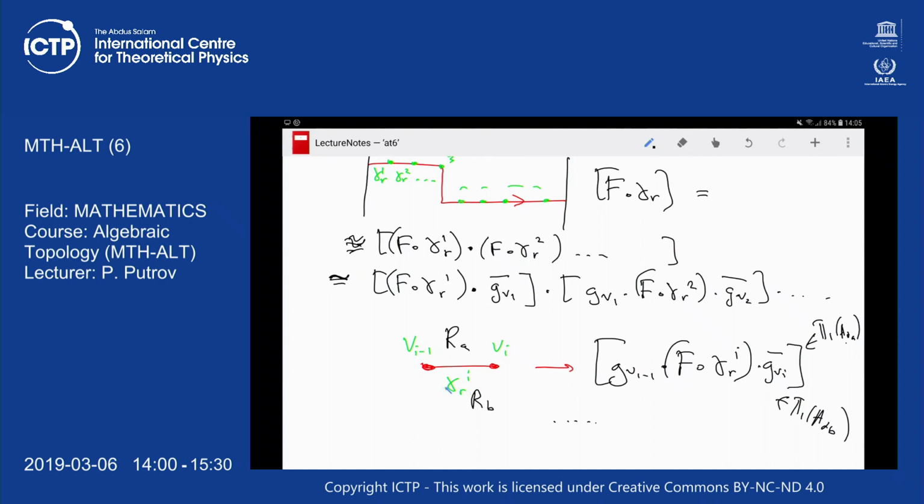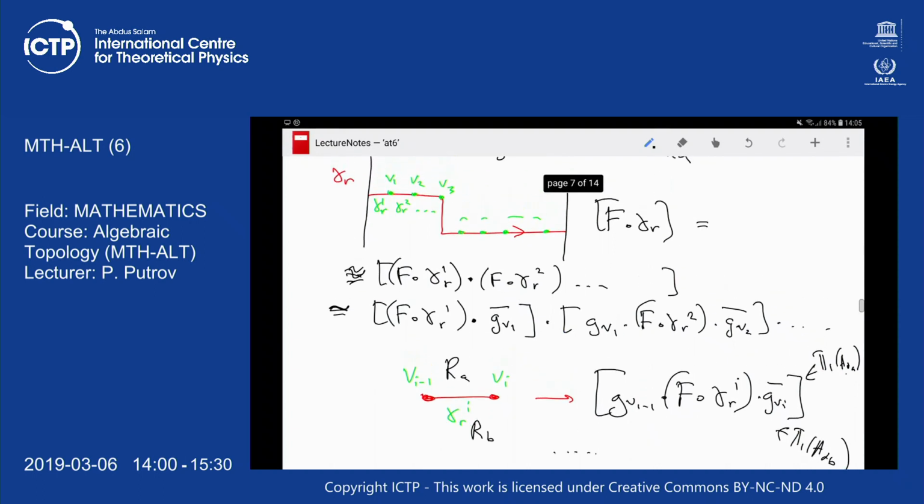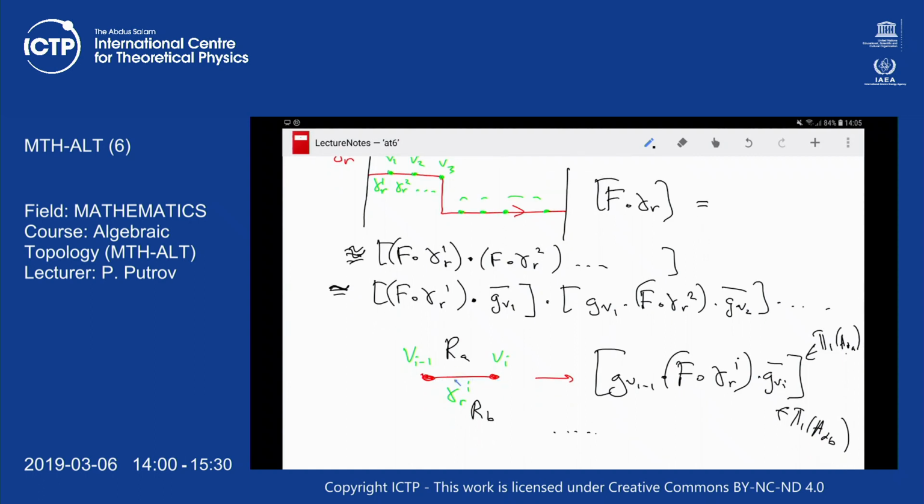So we stopped at considering such a factorization of the composition of the path gamma r in the square with the homotopy map f. Each factor corresponds to a small edge in path gamma r between two vertices v_{i-1} and v_i, and we can regard each factor as an element in pi 1 of A alpha A, which is the set corresponding to this rectangle, or pi 1 of A alpha B, which is the set where this rectangle is mapped to.